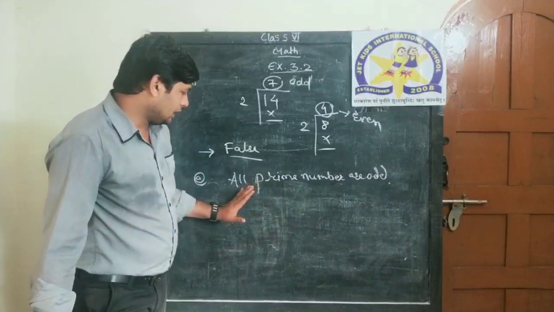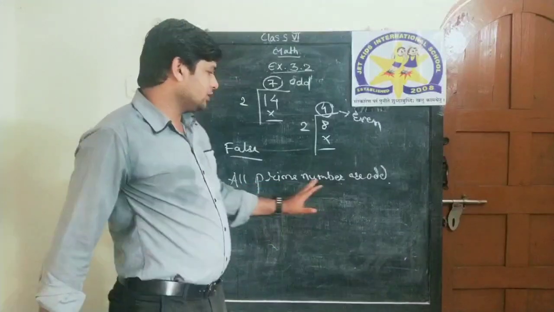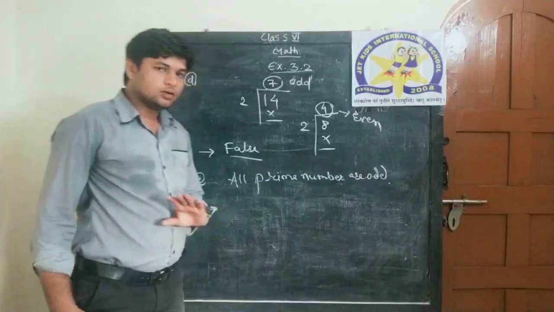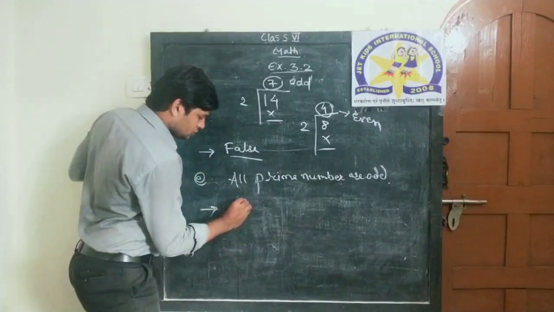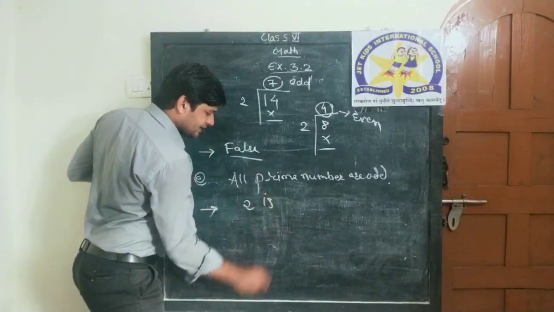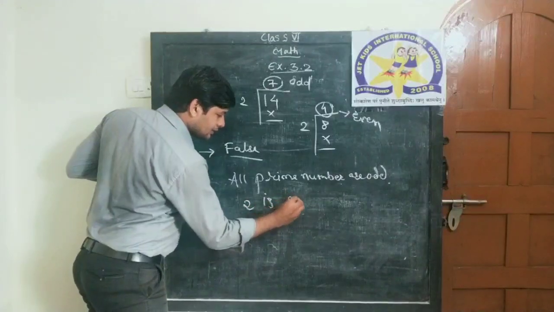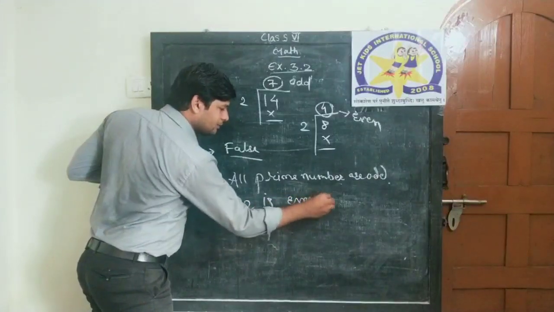So are all prime numbers odd? No. 2 is the only even prime number.